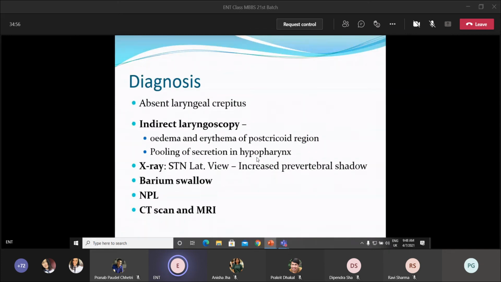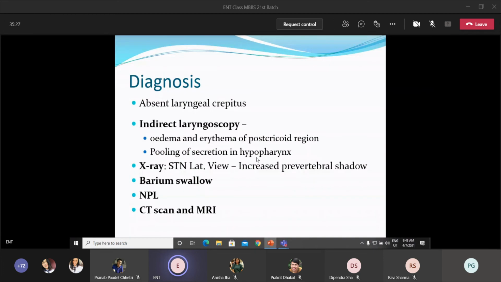Diagnosis. For post-cricoid cancer, you need to perform something known as laryngeal crepitus. Okay, so what you do is you hold the patient's head with your left hand, if you are a right-handed surgeon, and then with the thumb and index finger of the right hand, you grab the laryngeal framework, and then you try to move it laterally.